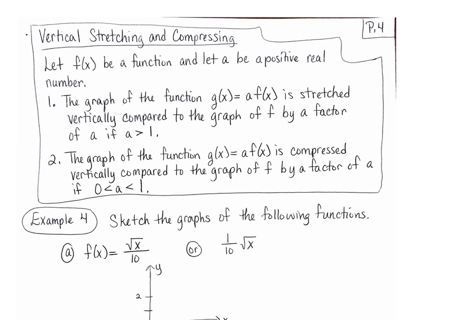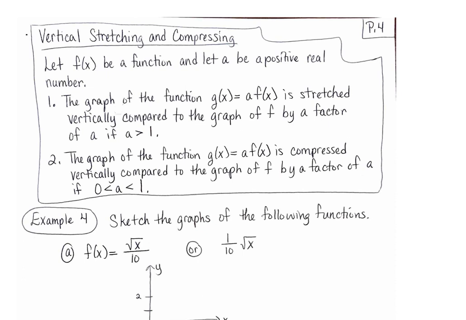Now let's put it together with what's happening mathematically, okay? Let f of x be a function and let a be a positive real number. The graph of the function g of x equals a times f of x is stretched vertically compared to the graph of f by a factor of a if a is greater than 1. So what do we need to highlight here?